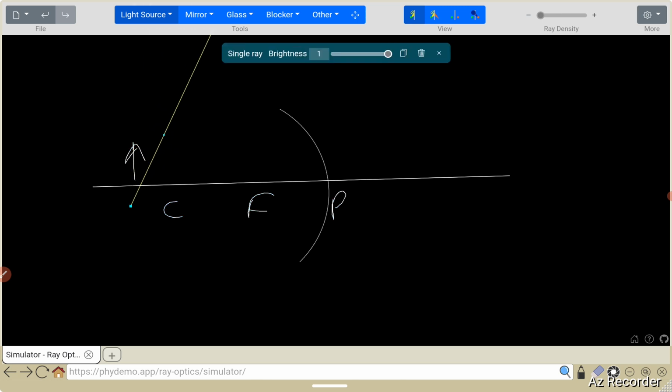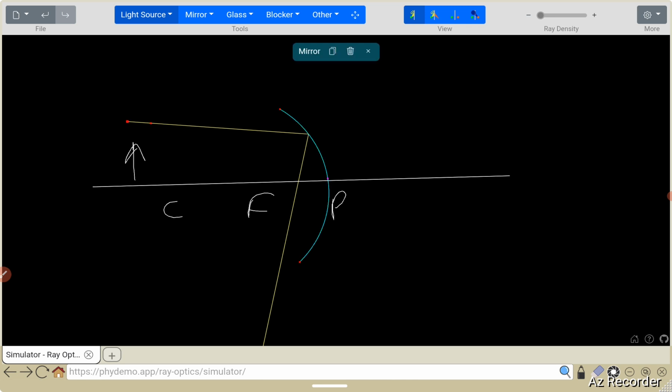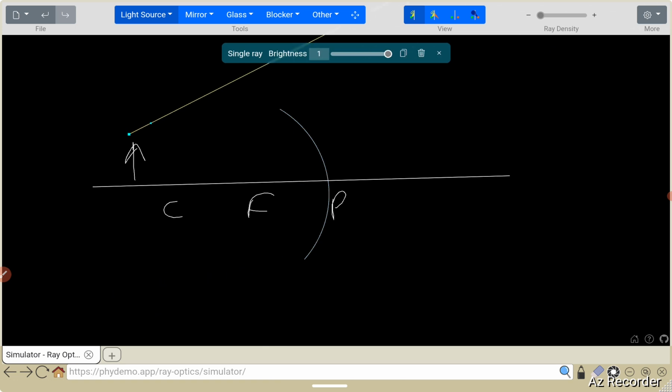Here I have to take the light ray, parallel ray to the principal axis. It has to be parallel to the principal axis. One second. Let me shift it here.